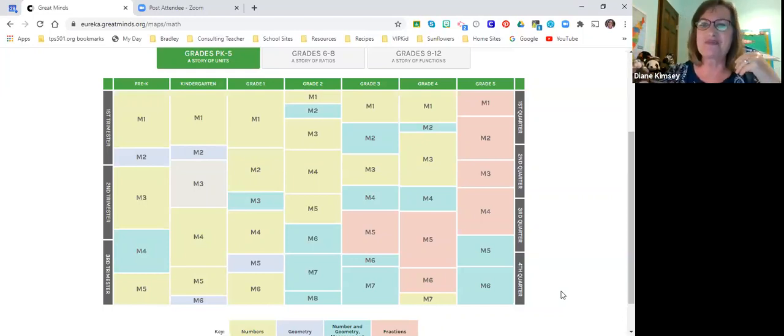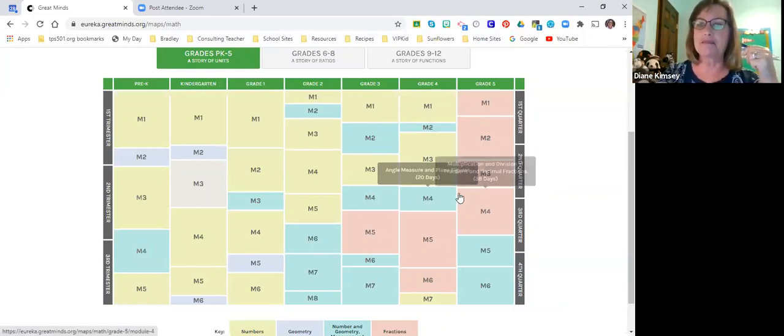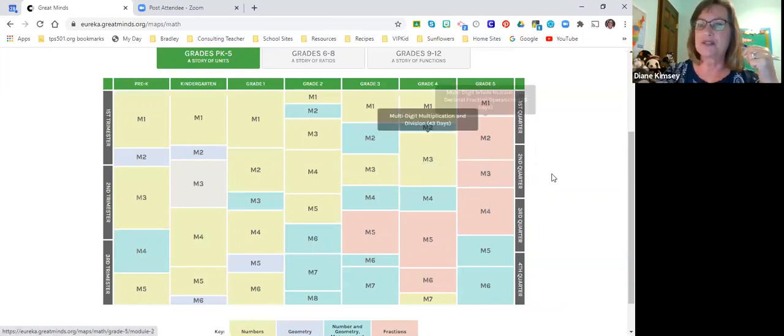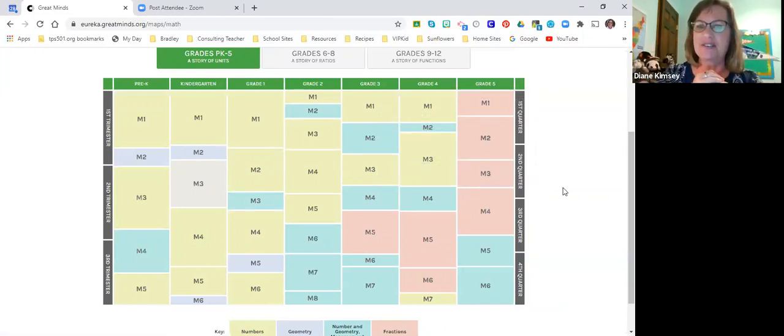That's your second quarter. And so where should I be in my math book? Well, if I am 4th grade, I should be in the middle of module 3. And by the time we go on Christmas break, I should probably be in the middle of module 4. So that kind of gives you an idea of how to track where you're at. We will also, as a school district, have a guide for you that gives you really even the specific dates as to when you should be starting and when you should be ending.